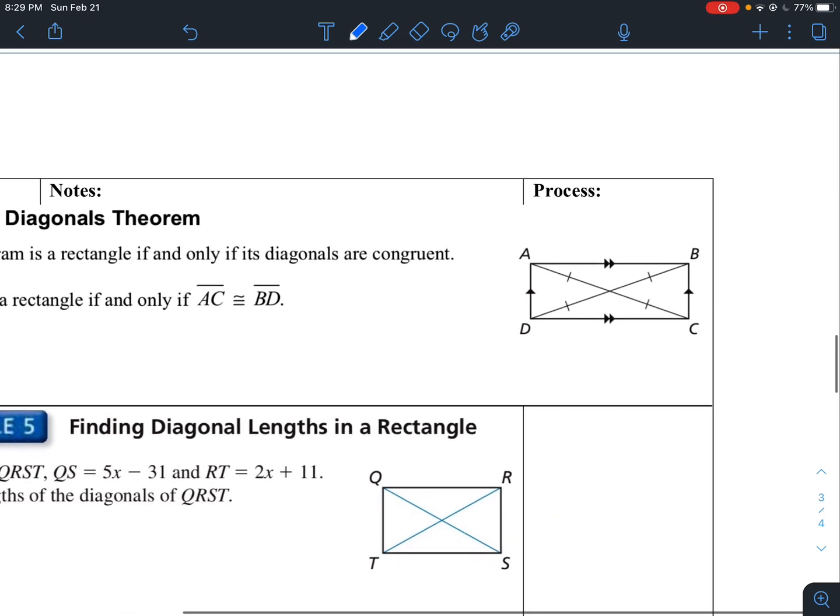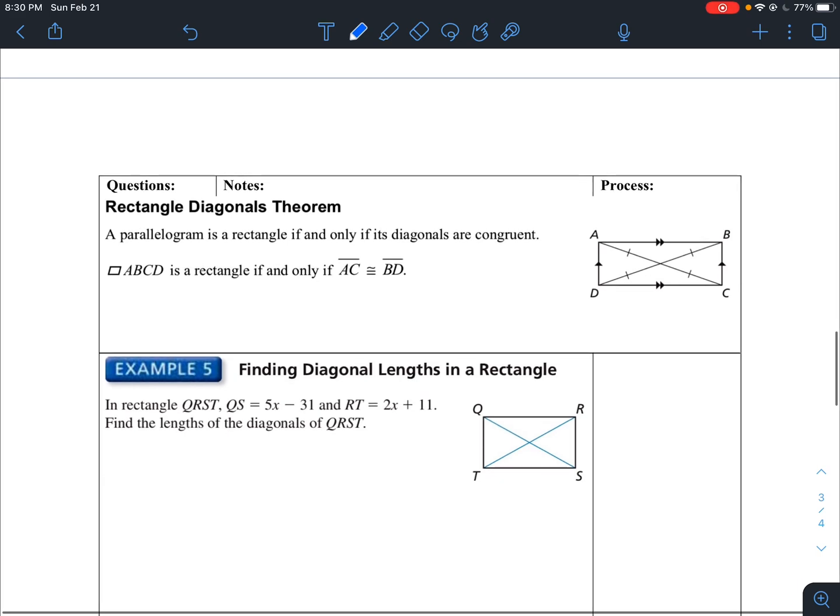So here are the diagonals. Here's a diagonal. Here's a diagonal. So if the diagonals are the same, then that means you have a rectangle. So if AC is equal to AB, then this is a rectangle. Okay.